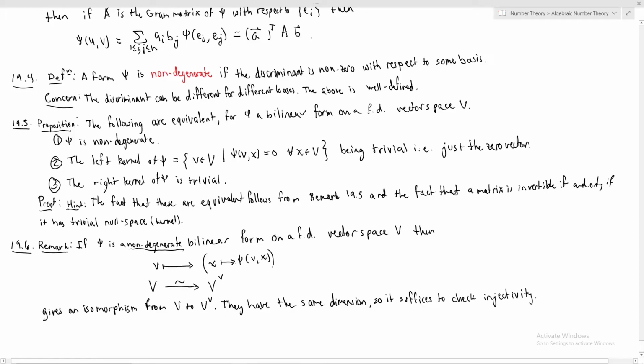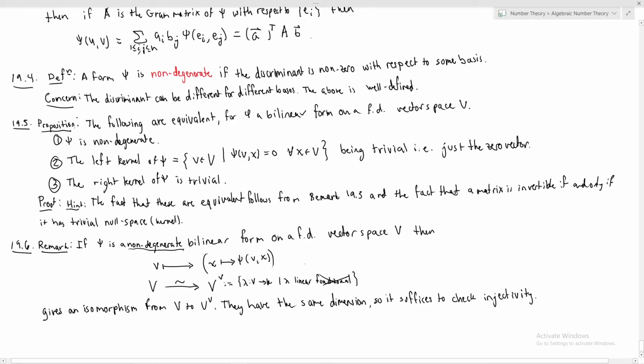Okay, and I realize that the dual space may not be something that everyone watching these lectures is super comfortable with. Remember, this is the space of linear functions on V from V to K. So really I can drop the word functional.